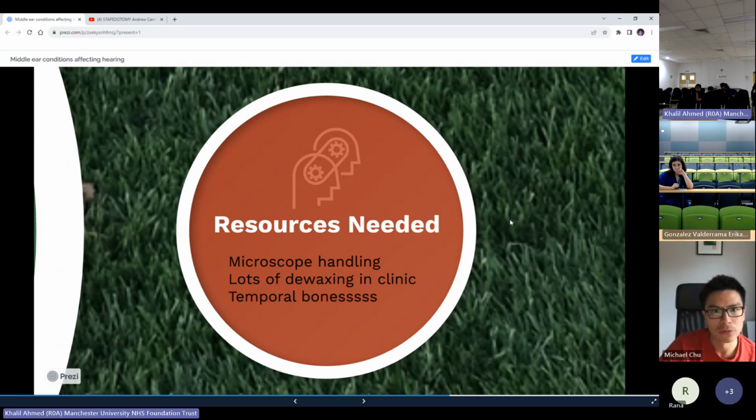So we used to get the pathologist in the pathology department to, it's usually the porter, to cut out the temporal bone for us and give us lots of human temporal bones. And we used to operate on temporal bones.